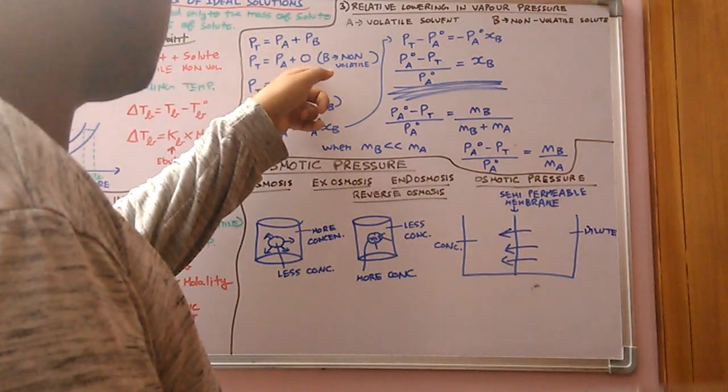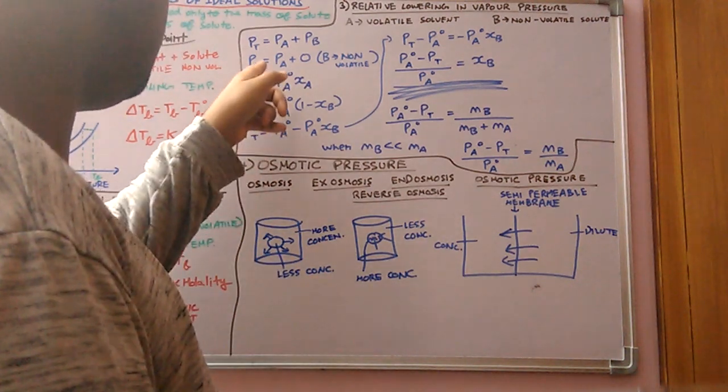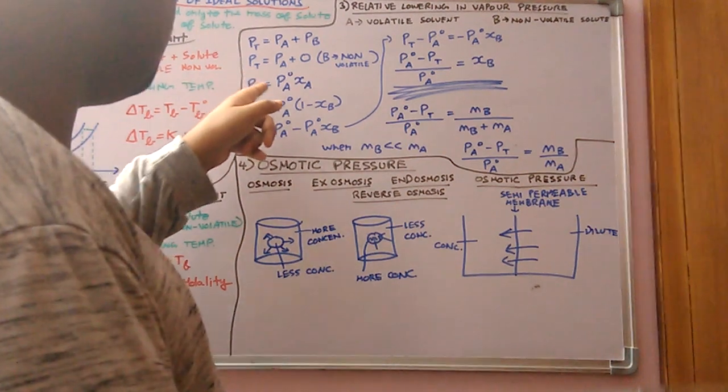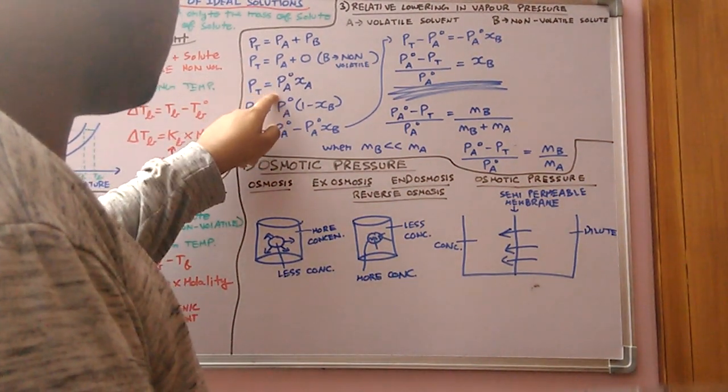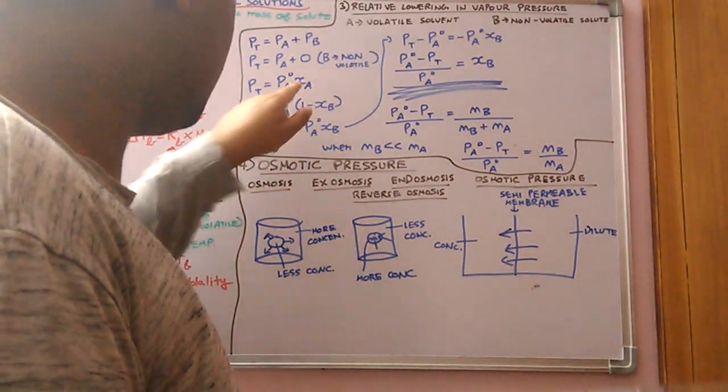So the partial pressure of component B is going to be 0 and P total is equal to the partial pressure of A. And as we know, the partial pressure of A is equal to the vapor pressure of A times the mole fraction.